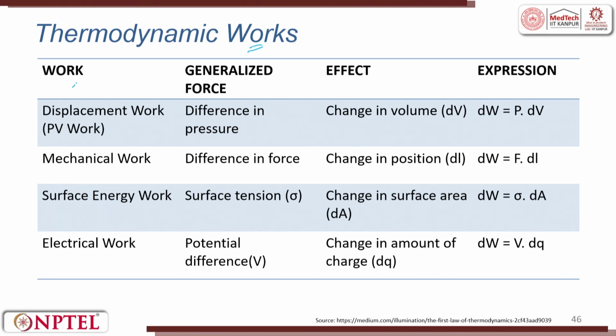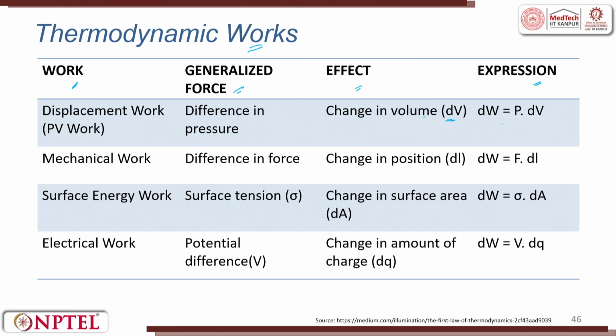So one is work, generalized to force, effect and expression. This will give you a formula based understanding. Displacement work, where the generalized force is the difference in pressure. The effect is where there is a change in volume, that is dV.